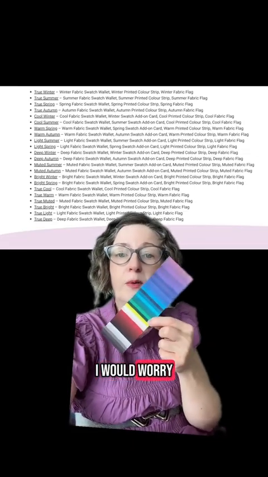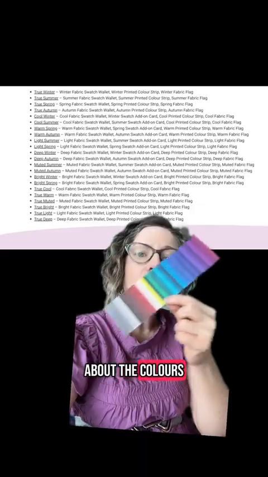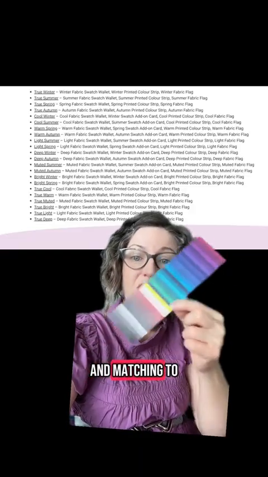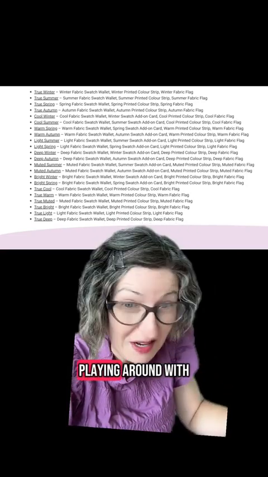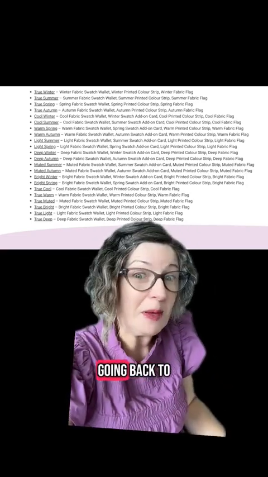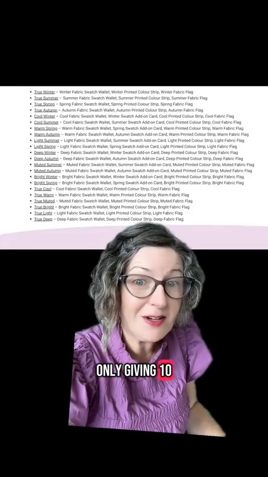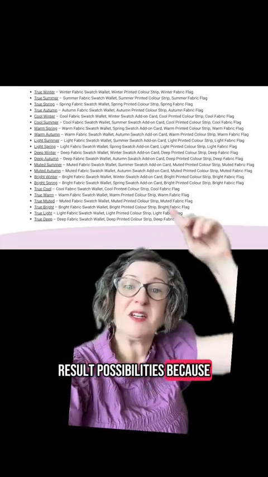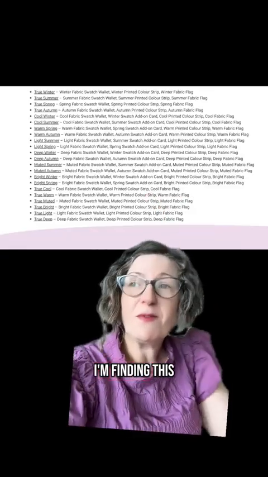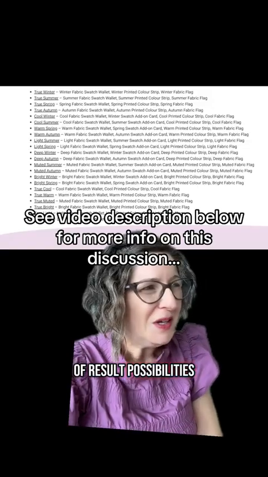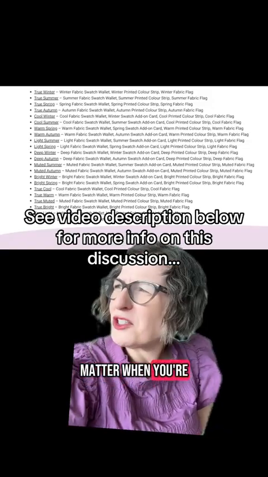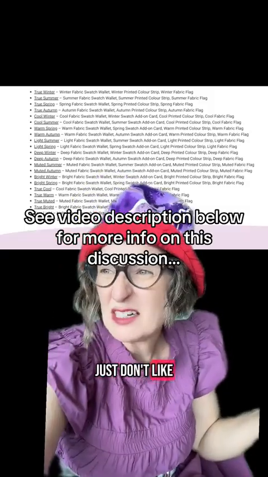I would worry about the colors in the reference and matching to the ranges of colors in the reference. I've even been playing around with the idea of going back to only giving 10 result possibilities, because once we get to this level of detail, I'm finding, does it really matter when you're shopping on the ground? I just don't like to be so technical.